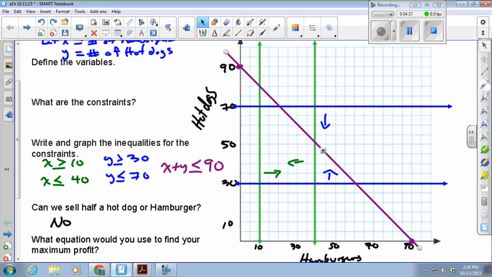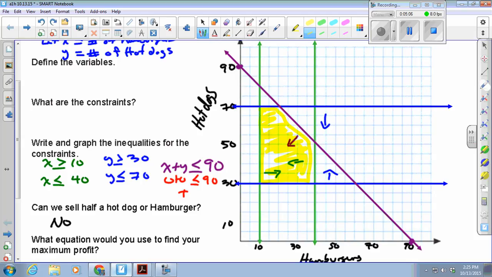If I plug in 0, 0: 0 plus 0 is less than or equal to 90. That's true, so we're going to shade below that line. So my area is going to be between the greens, below and above the blue, and underneath the purple. And we end up with this section right here.